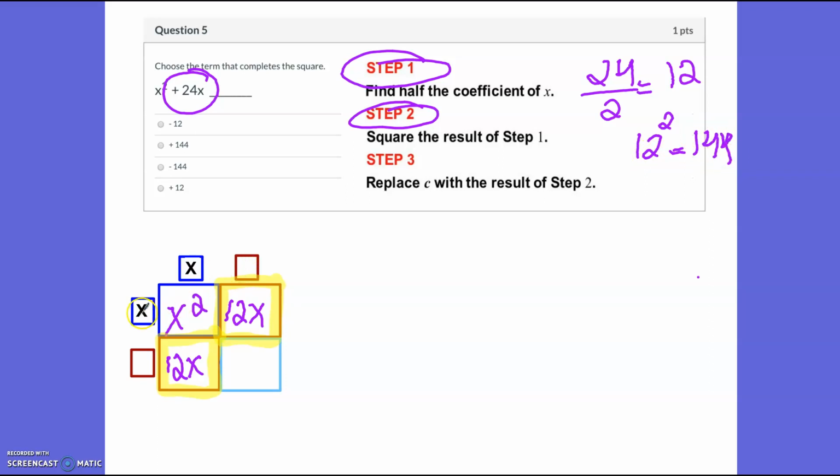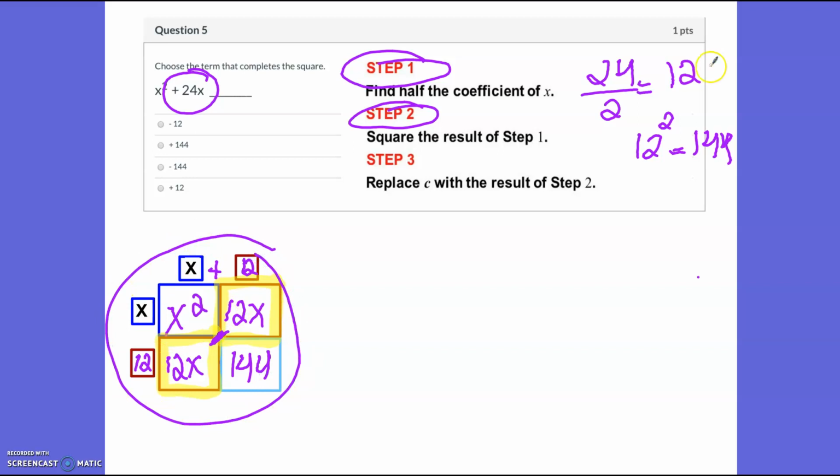So I know that to get 12x, I need to multiply x times 12. Okay? And I need to multiply 12 by x to get 12x. So 12 times 12 is 144. So you can do it either this way or this way in these steps.